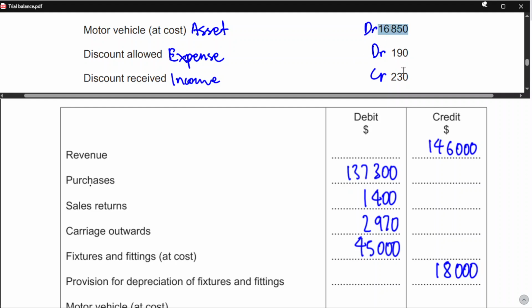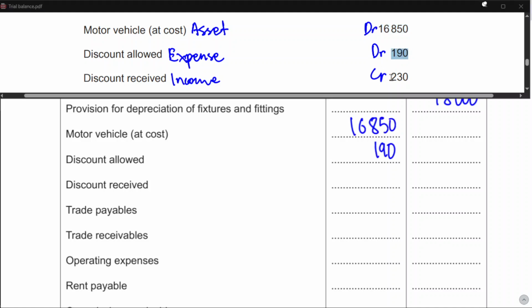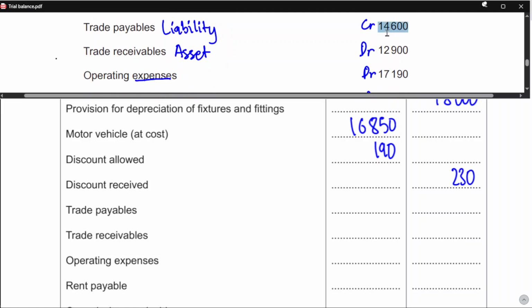And then debit, so left. This one debit, left. This one credit, right. This one credit, right.